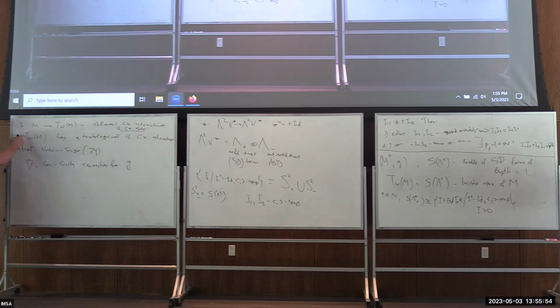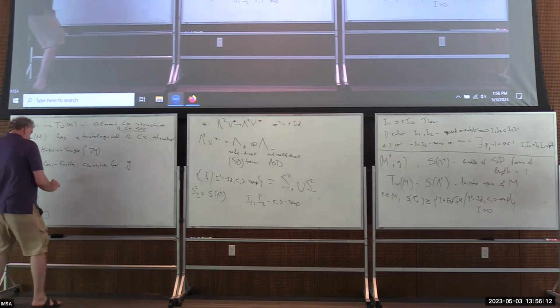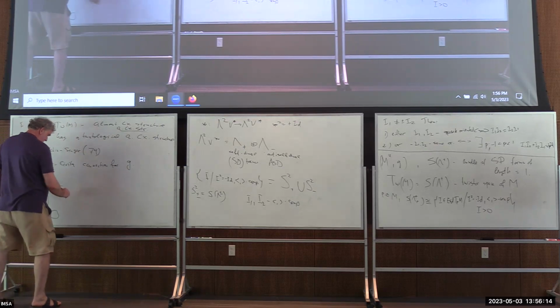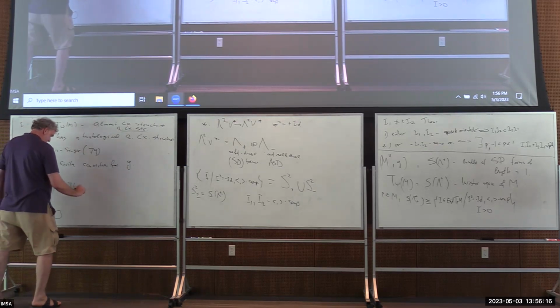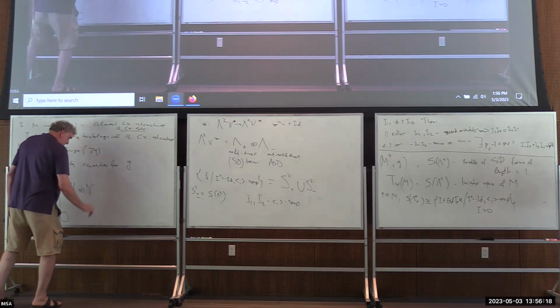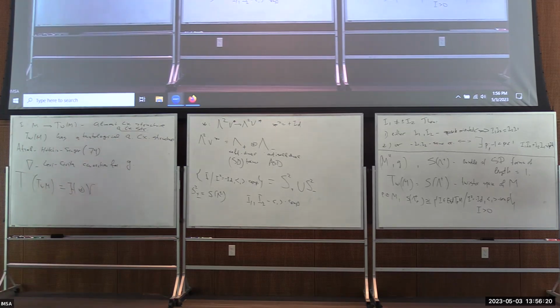Then the tangent space, which is in fact a bundle of unit spheres in the space of two-forms, which is again associated with the principal bundle, can be split into horizontal and vertical parts. That's the bundle.